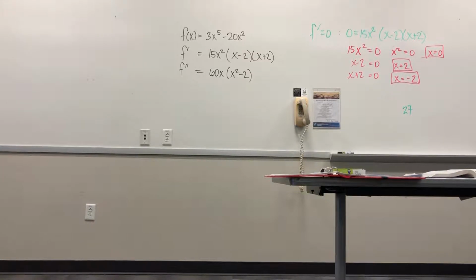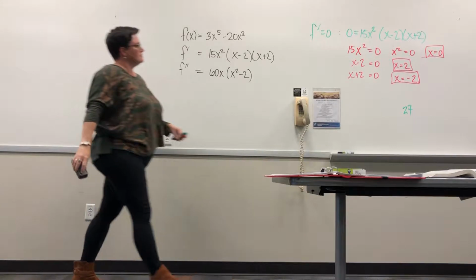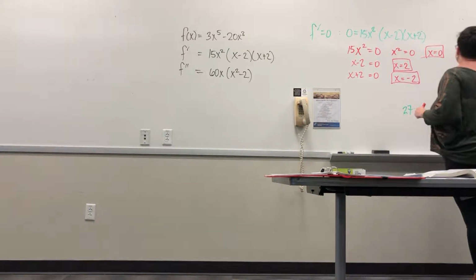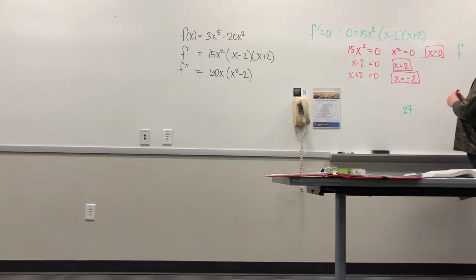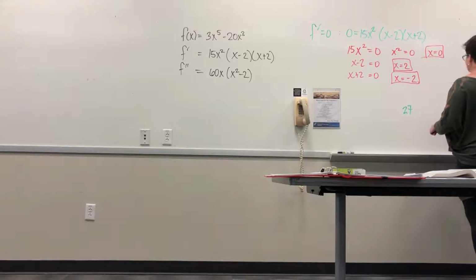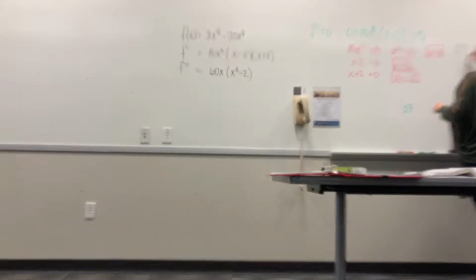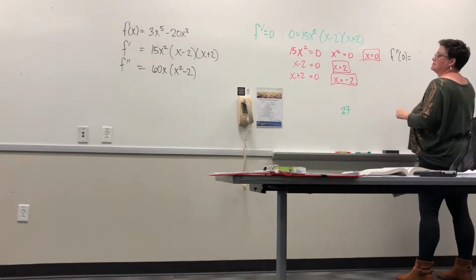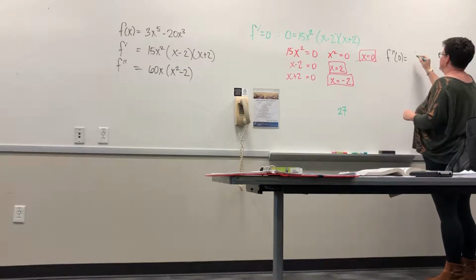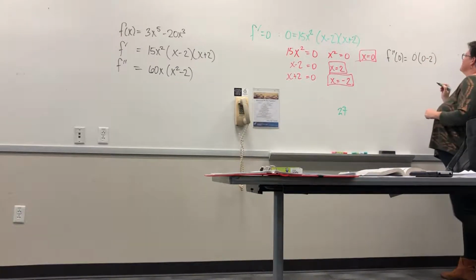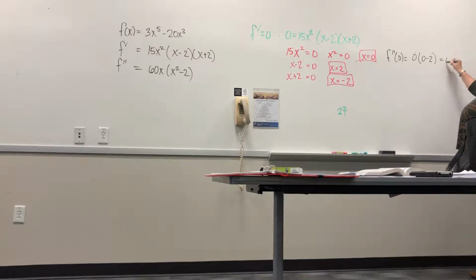All right. So the way we do that is we just plug and check. So f double prime of 0 equals 60 times 0 is 0, 0 minus 2. What's negative 2 times 0? 0.